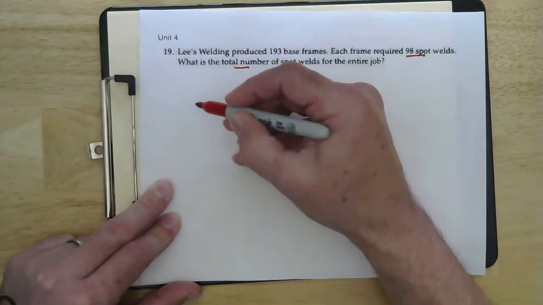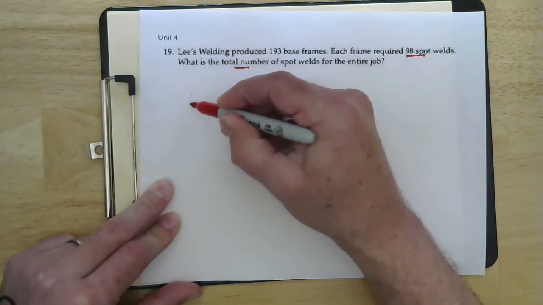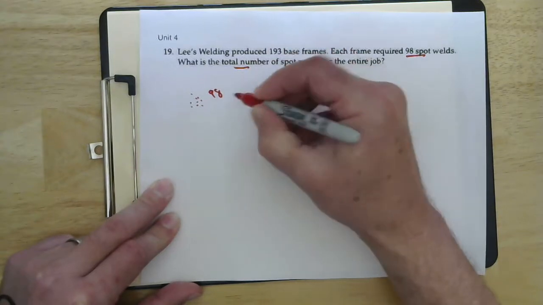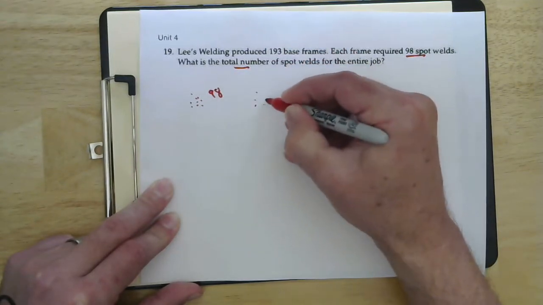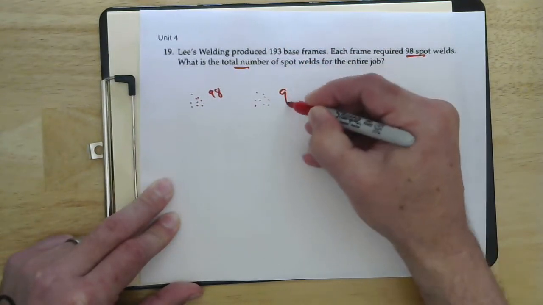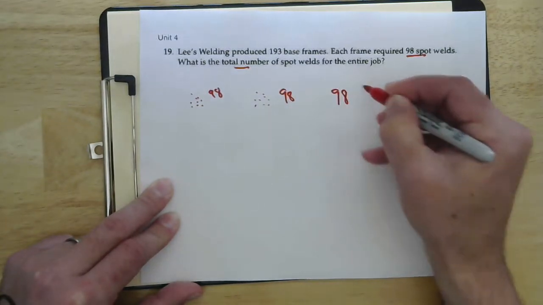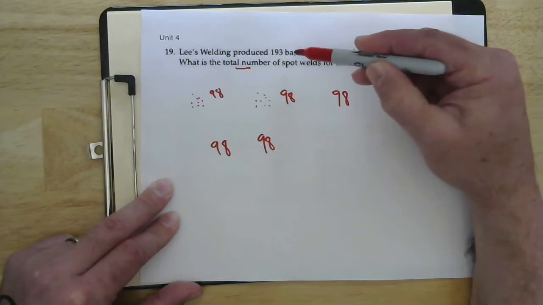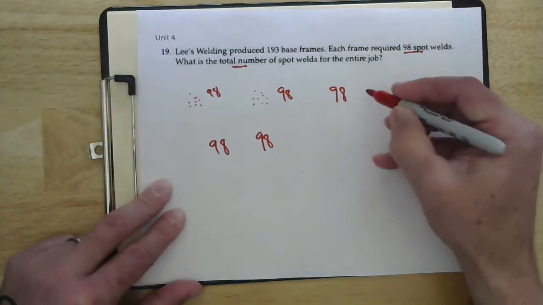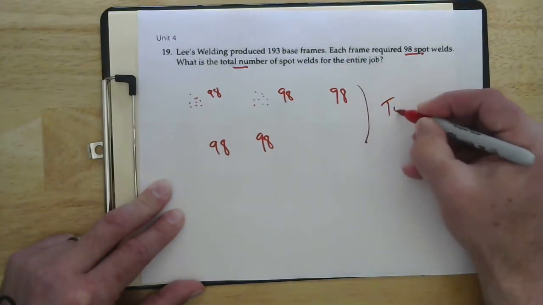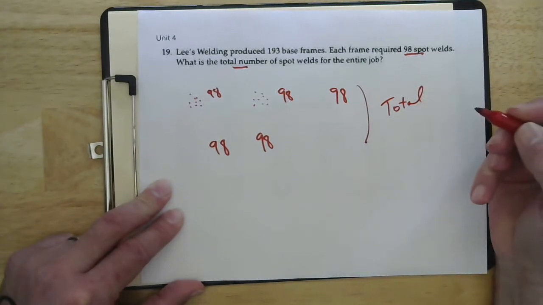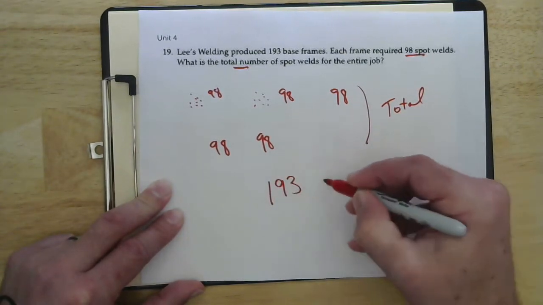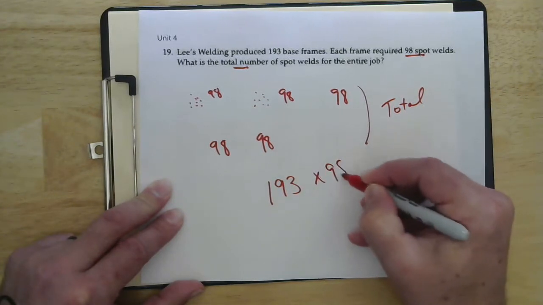So frame number 1 has 98 spot welds, frame number 2 has 98, 98, 98. There's lots of 98s because every one of those base frames has 98, and what we want is the total. And so that means I'm going to do 193 times 98.